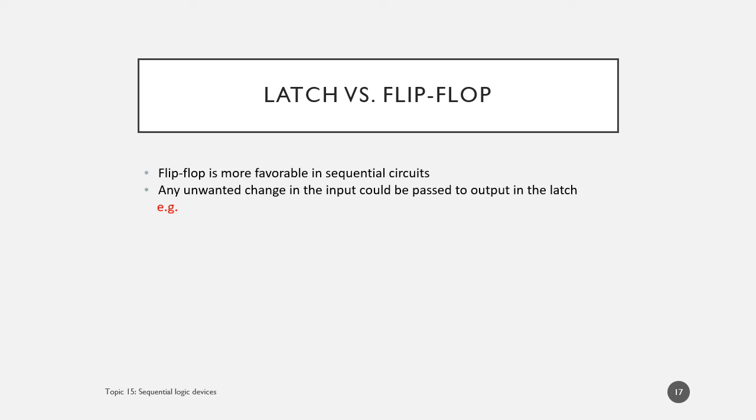There's another very important reason: any one unwanted change in the input could be passed to the output in the latch, but it won't pass to the output in the flip-flop. How can this happen? Let's see.